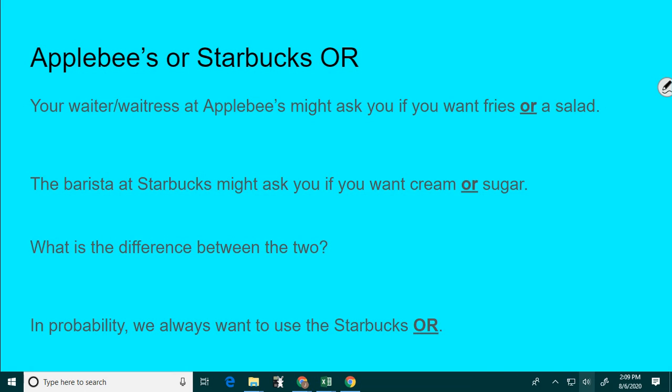This is an important concept to talk about before we move on. I want to talk about the Applebee's or the Starbucks version of the word or. Interpreting the word or in public voting can be kind of confusing sometimes. So think about two examples.